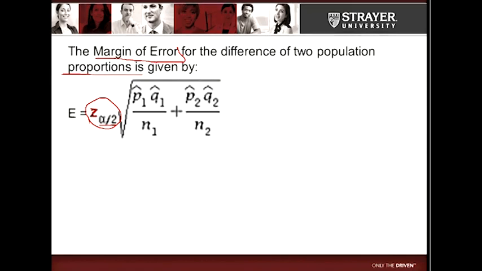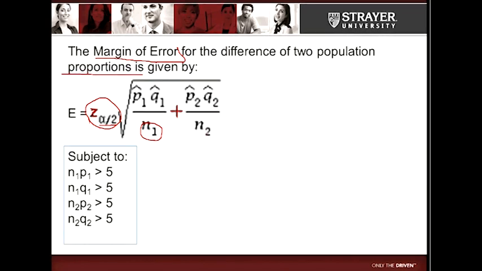But now here's the formula for your standard deviation, which is sample P1 times sample Q1, and Q is essentially the complement of P, so it's 1 minus P, over the sample size 1, plus the same information for sample 2: P2 times Q2 over N2.